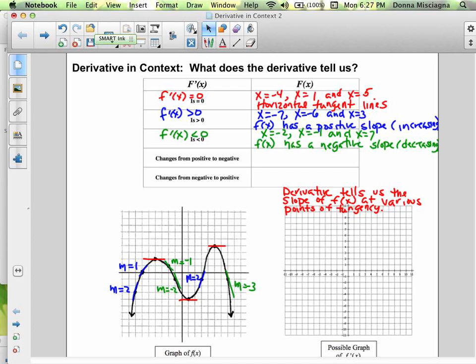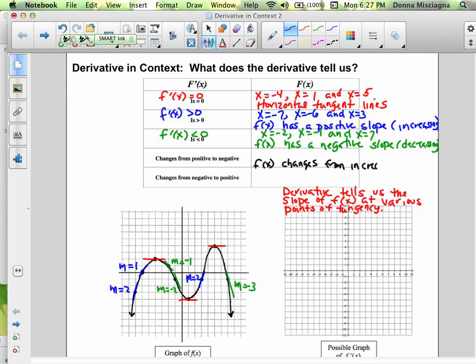So let's answer a couple other questions before we get to drawing the graph. Changes from positive to negative. So f prime of x is going to change from positive to negative when f of x changes from increasing to decreasing, right?